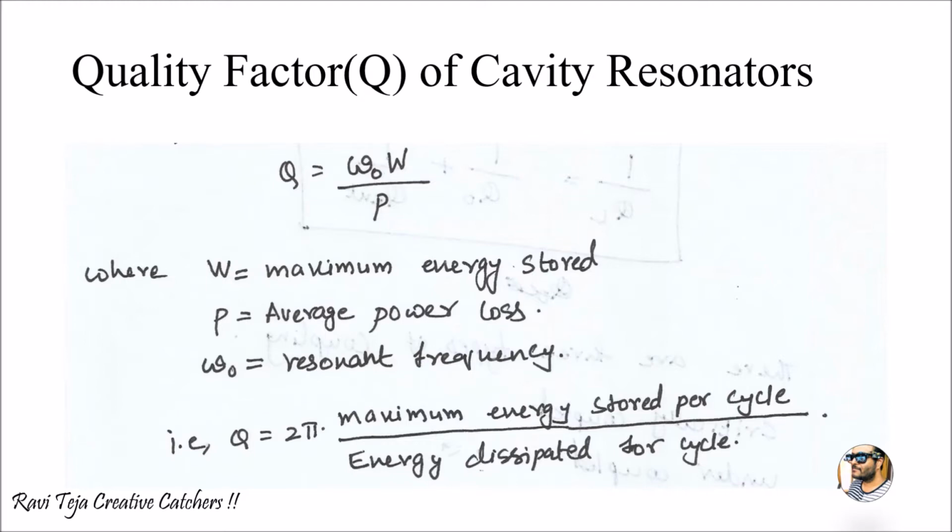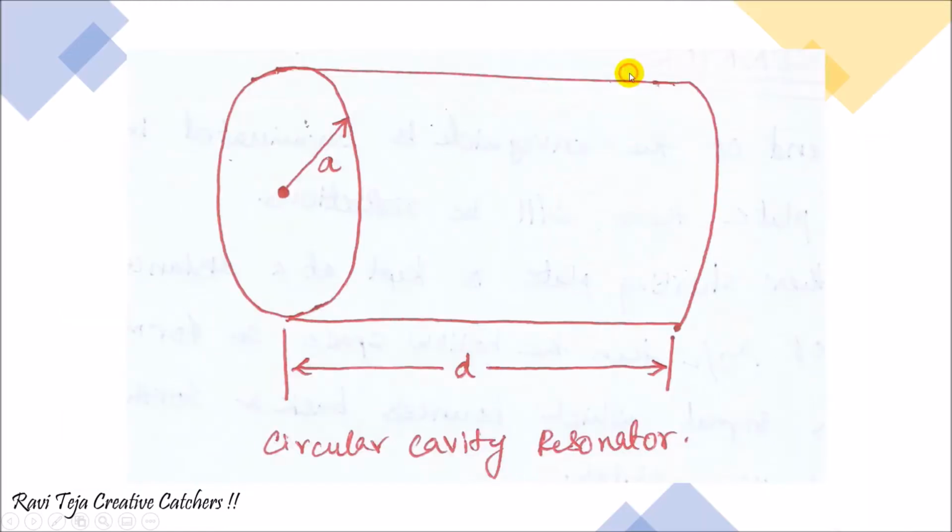Okay, let's see how a cavity resonator works. Let's see a quick basic operation of a cavity resonator. So let us consider a circular cavity resonator. Let us assume the two ends of this resonator have been closed and there is a signal trapped in the cavity.